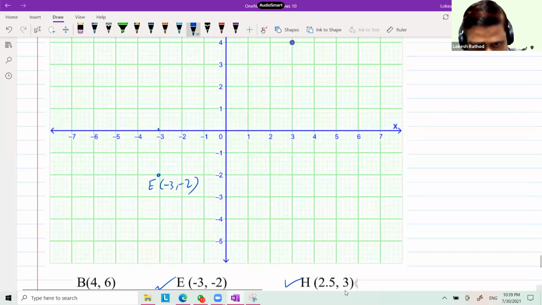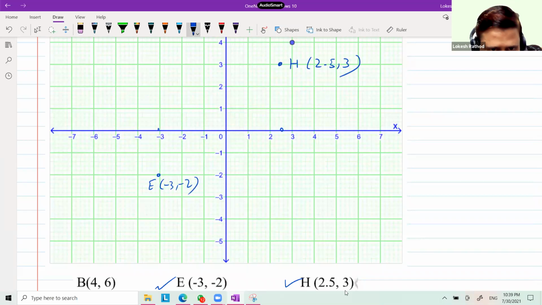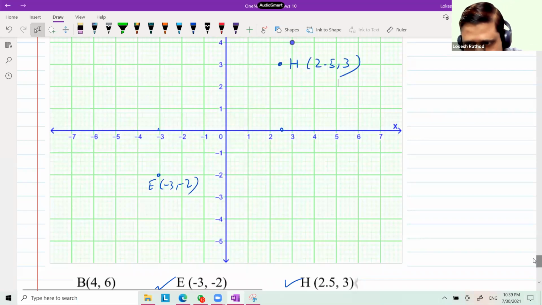The x coordinate 2.5 is between 2 and 3, and y coordinate 3 will be here. So this is point H. The distance of point E from the y-axis is 3 units and from the x-axis is 2 units. Just an observation.